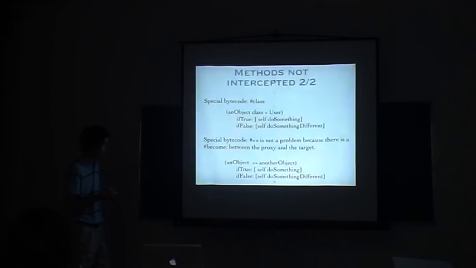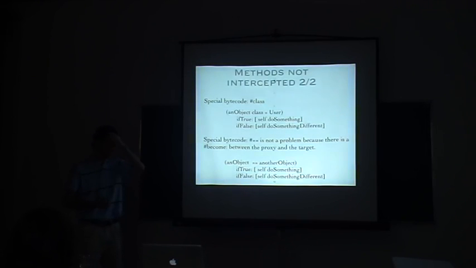The problem is equal. Equal is not executed because there is a special bytecode for equal, but equal cannot be not optimized. So for class, I can remove the bytecode optimization, but for equal I cannot. There are several reasons. One reason is that it is demonstrated.